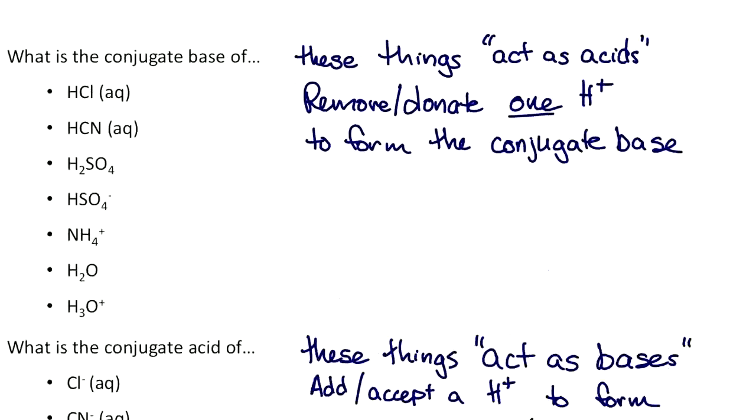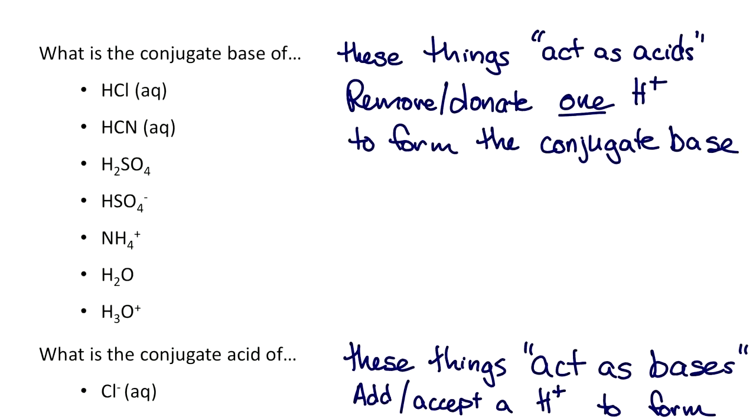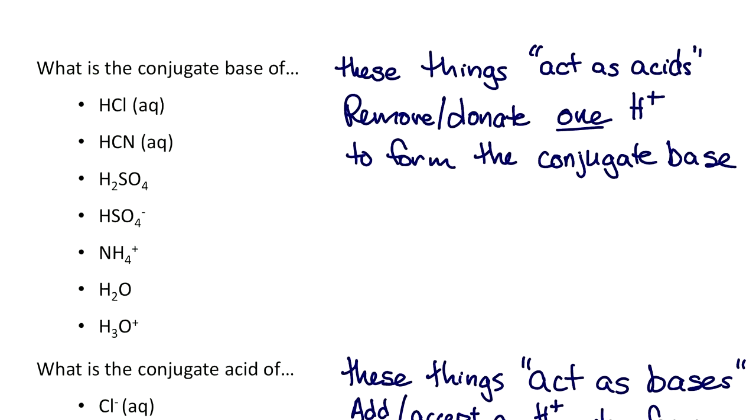Okay, so let's do these first ones, which I think are always easier. What is the conjugate base of these things? We're talking about conjugates. We either have to add or remove protons, but we need to make sure we add or remove it correctly. So if we want to produce a conjugate base, this is how I think about it.